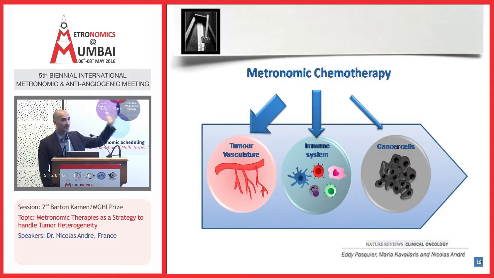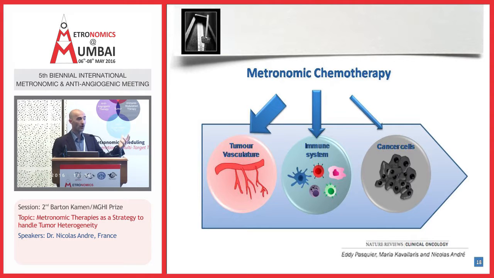So you've seen that slide over and over for the last 2 days, but I think it's worth having a look at it again. We thought that metronomic is initially mainly anti-angiogenic or anti-vascular, and it's getting more interest because of all the checkpoint inhibitors, as it may also act on the immune system.